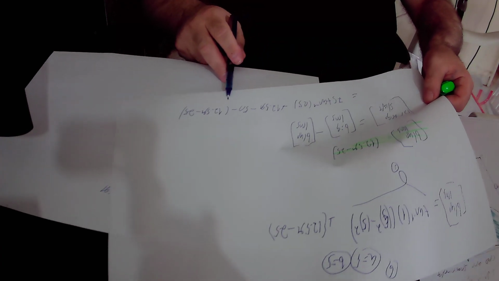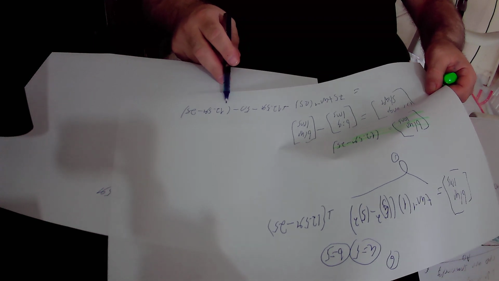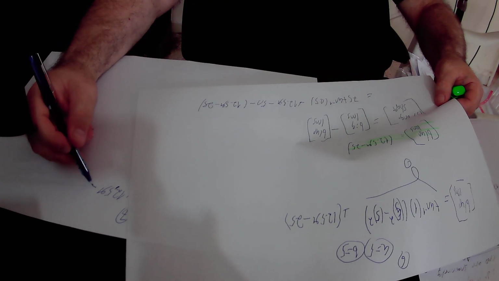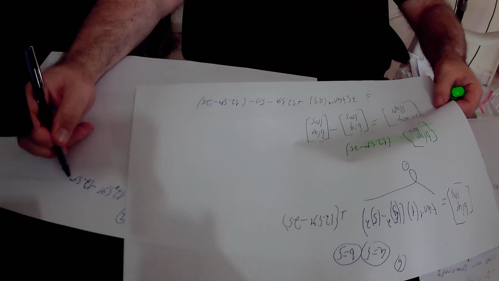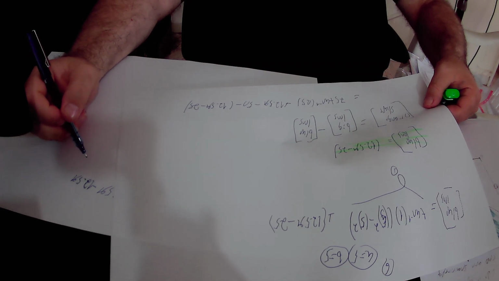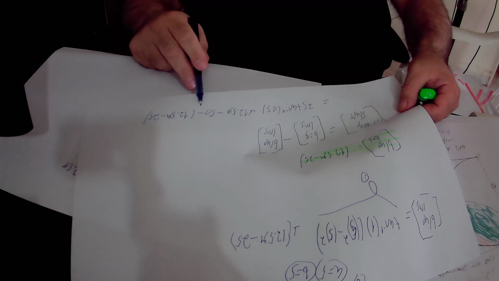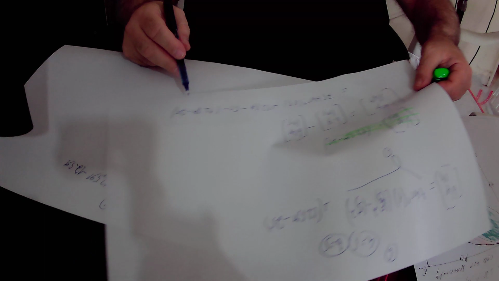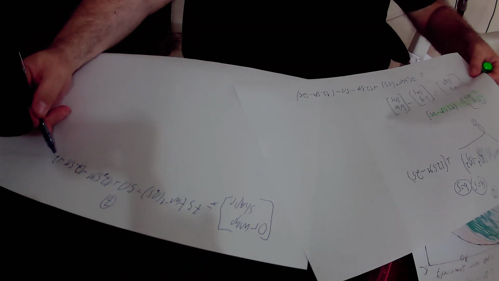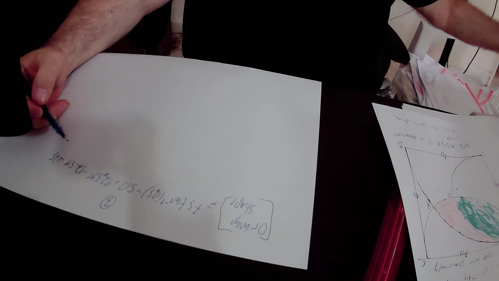So we will open the brackets here. So here we will get minus 12.5 pi, and here we have minus, and minus is plus. Minus 25 is plus 25.